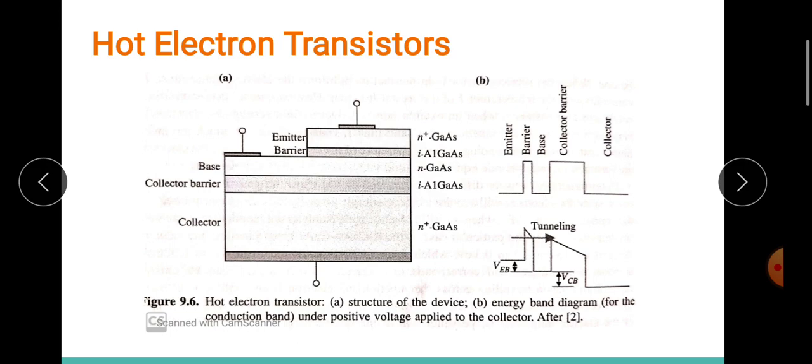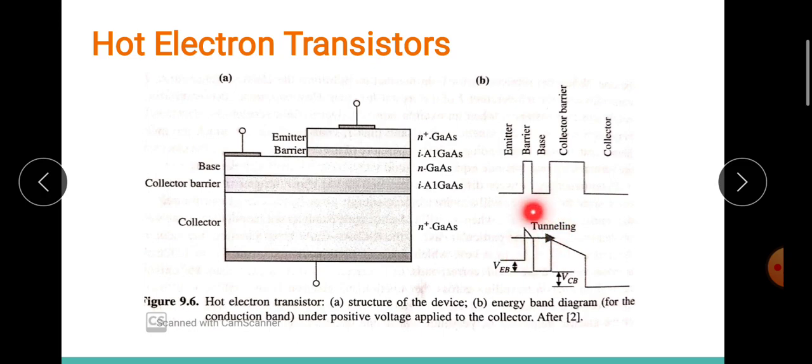Let's see what happens in the energy band diagram. So we can also see the energy band diagram. Here we can see that from the emitter region there is a tunneling happening towards the base region when a particular collector voltage is given.